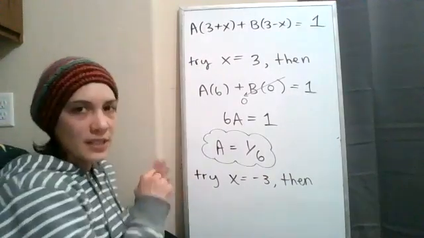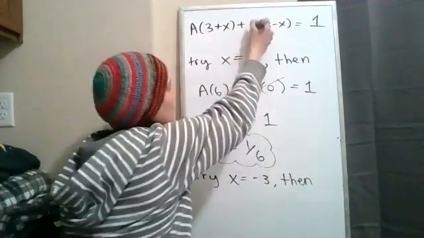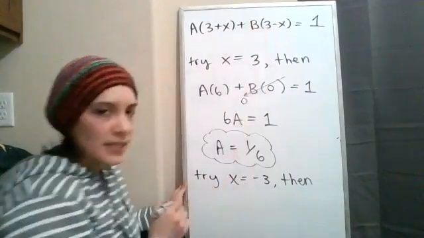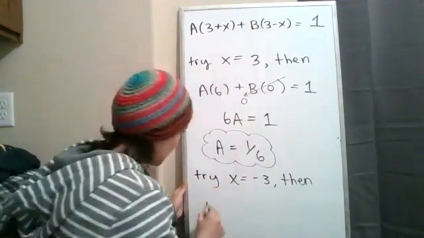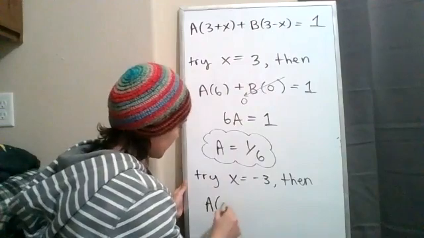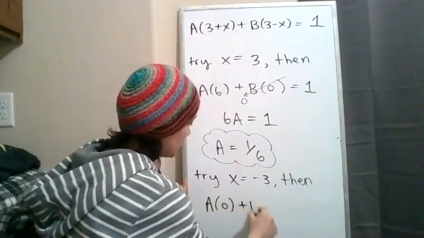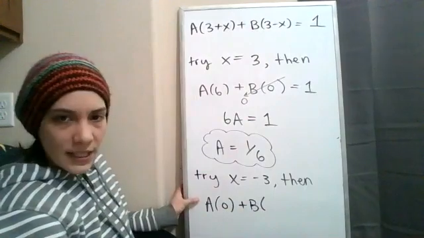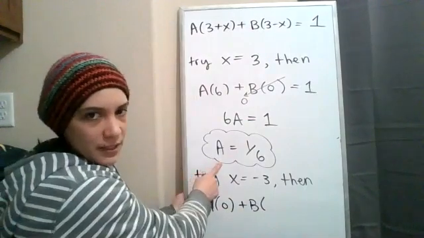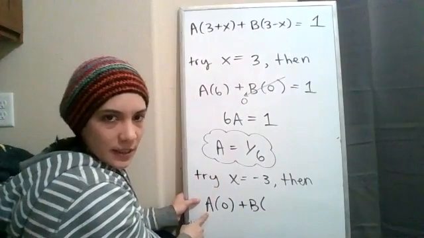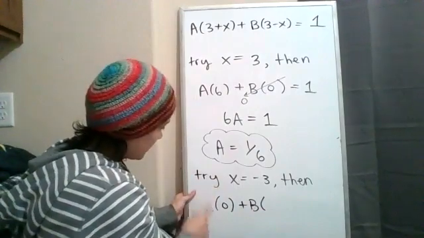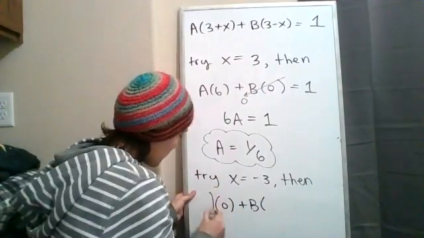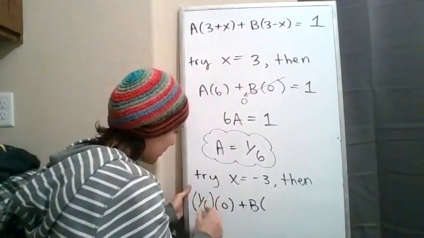I was just thinking that we were missing something, but I think we have information instead of missing information. So I could put 1/6 here if I want to. Still 0 though.